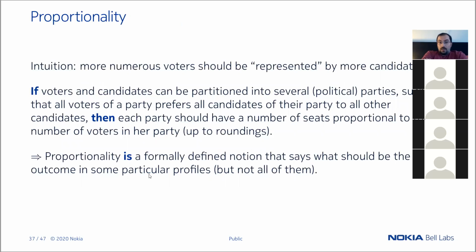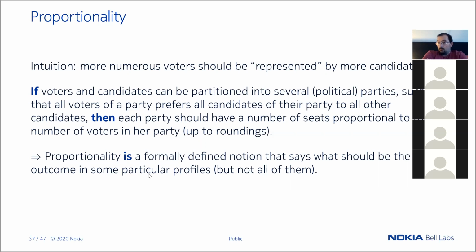More specifically, if you can partition voters and candidates into several political parties in a way that all voters of a given party prefer all the candidates of their party to all other candidates, then each party should have a number of seats, a number of elected candidates, that is proportional to the number of voters in its party.